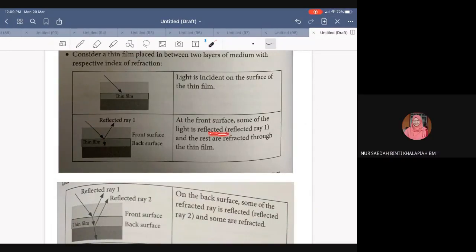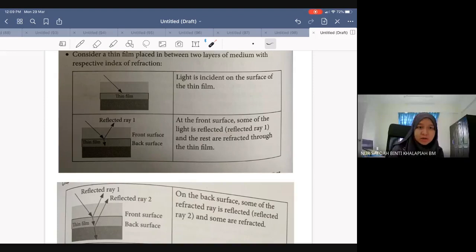Okay, so sebahagian akan dipantulkan semula ke udara. Maksudnya kalau tadi Madam buat contoh adalah soap bubble lah. So medium kita yang pertama ni adalah air, which is 1. Lepas tu baru kita ada film soap kita, N1.